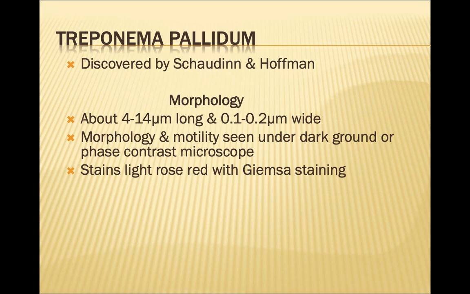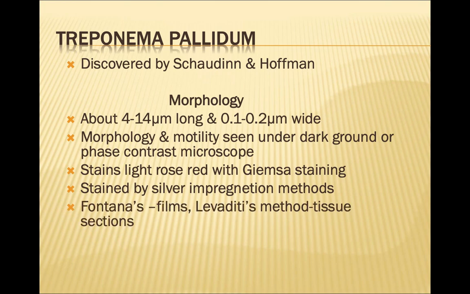Sometimes we use Giemsa staining, wherein you have a rose red color, but the most common method used for staining the Spirochaetaceae group of organisms is by silver impregnation methods.